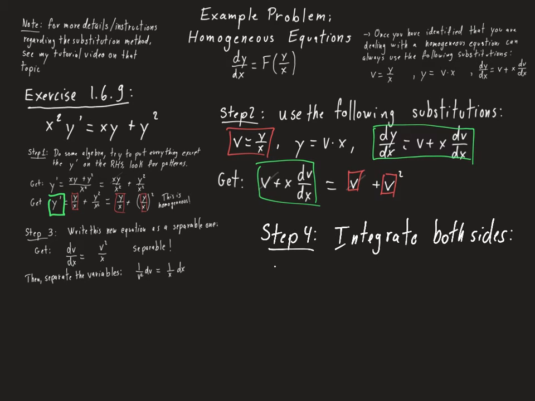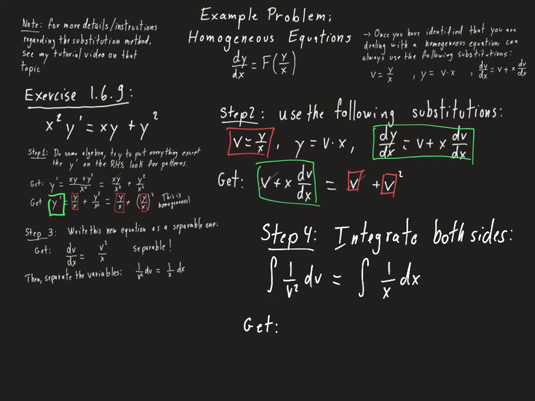So we are going to get the integral of 1 over v squared dv is equal to the integral of 1 over x dx. Now you'll notice that whereas the right-hand side is going to give us natural log, the left-hand side will not. The left-hand side is just a power rule. So by the power rule, we get the following.